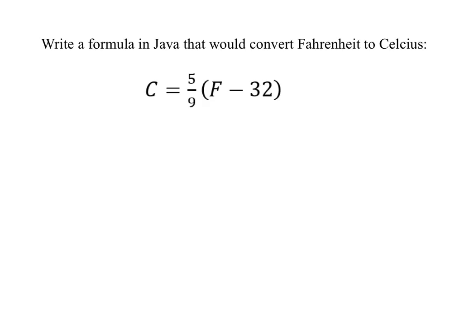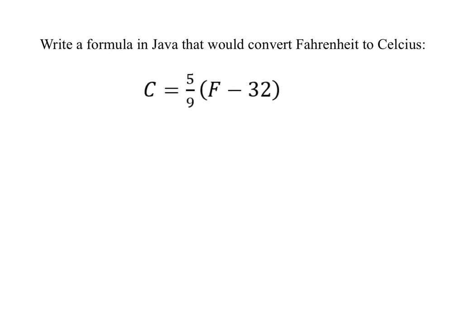Okay, we're going to use this situation when we're writing formulas. So a formula like this, converting Fahrenheit to Celsius, where C is a double, and F has been declared somewhere else, and it has a value in it. You just got to be careful when you're writing formulas.